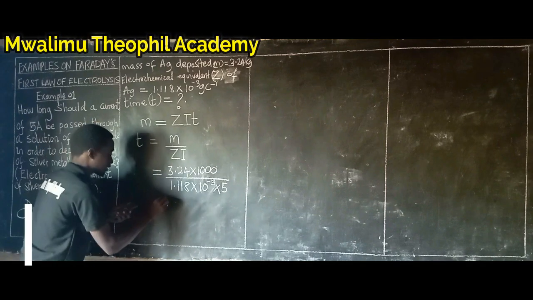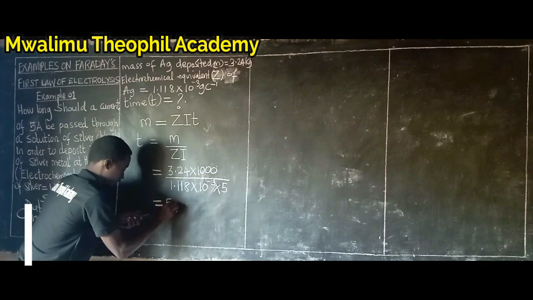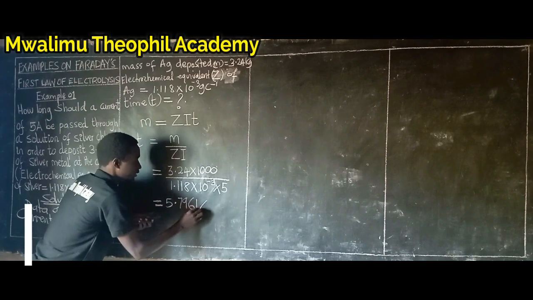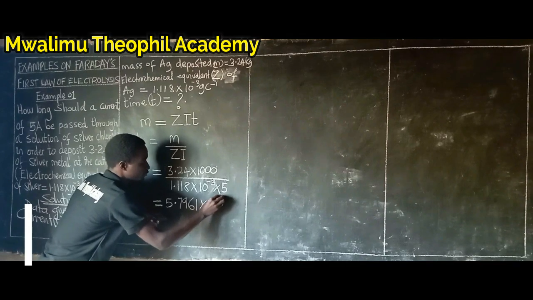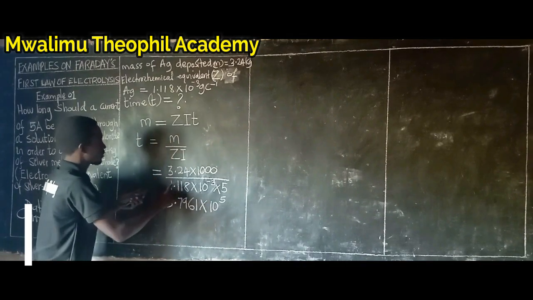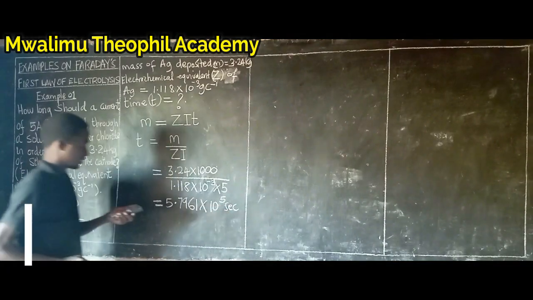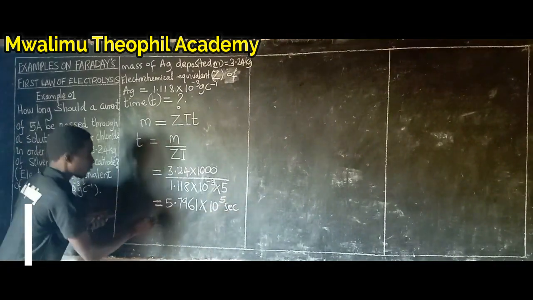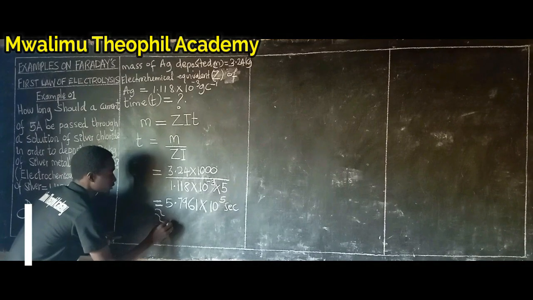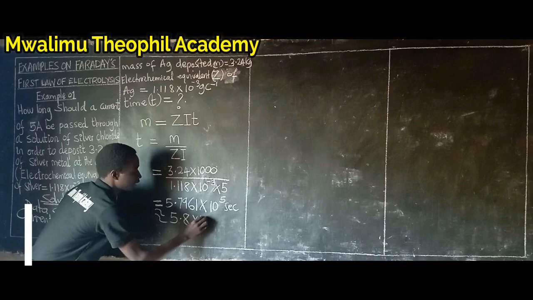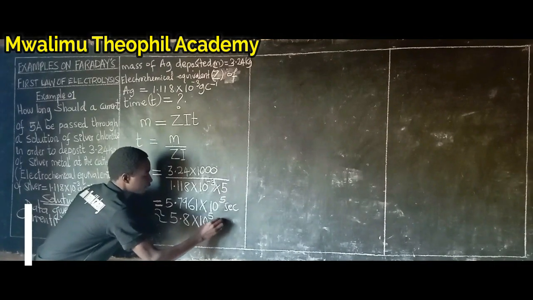Here the answer we get is 5.7961 times 10 raised to 5. You have to remember this is time, so it is in second. So this is the answer. When we approximate it, we get almost 5.8 times 10 raised to 5 seconds.